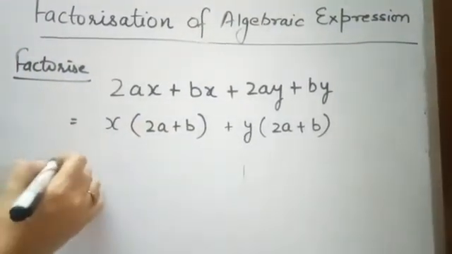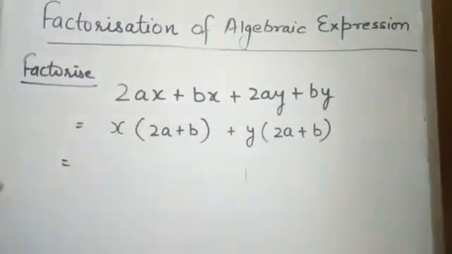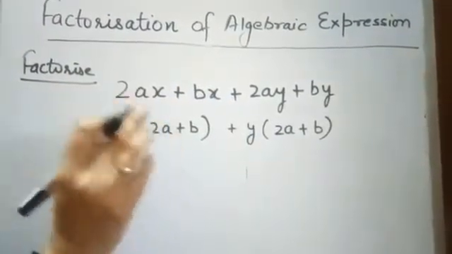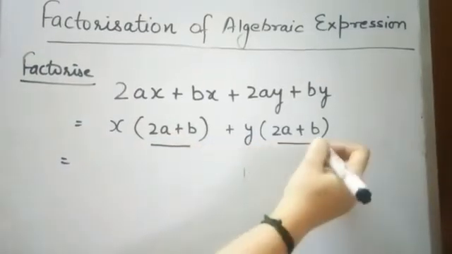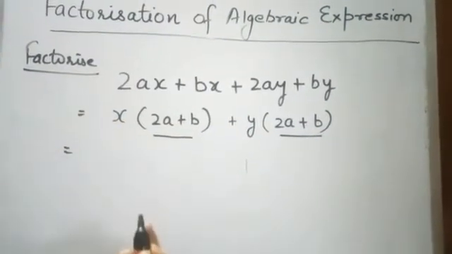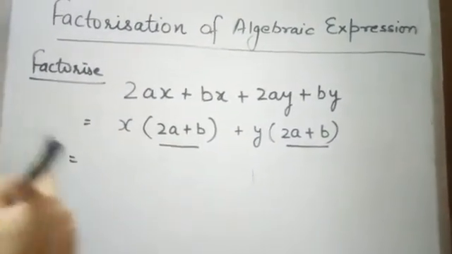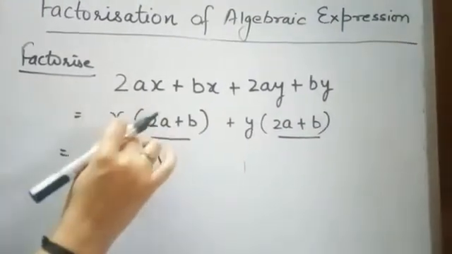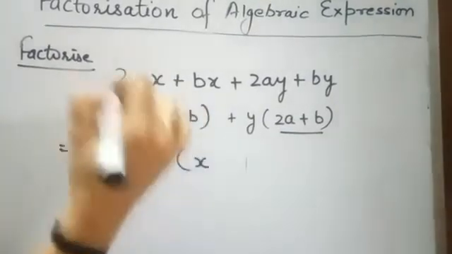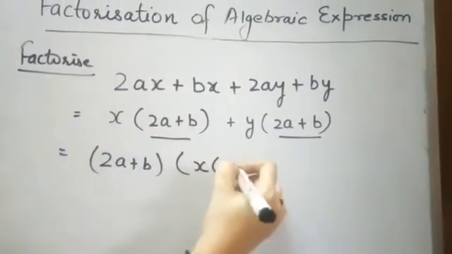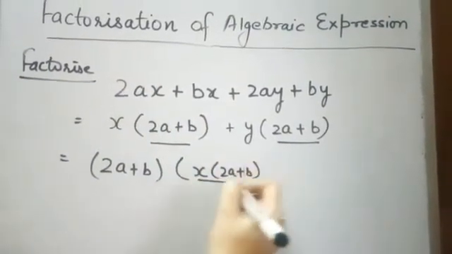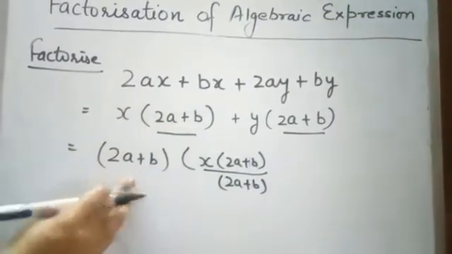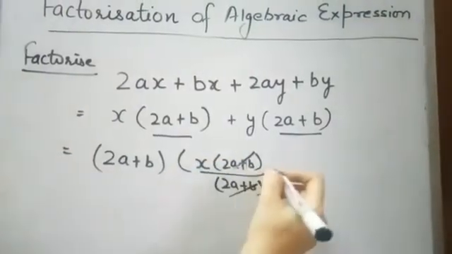Now look at this algebraic expression. It has two terms, and if you look carefully, this binomial 2a plus b is common to both terms, as we did in our previous e-lecture. So taking out this common binomial, what is left in the first term? x, because common out means to divide, so they get cancelled off.